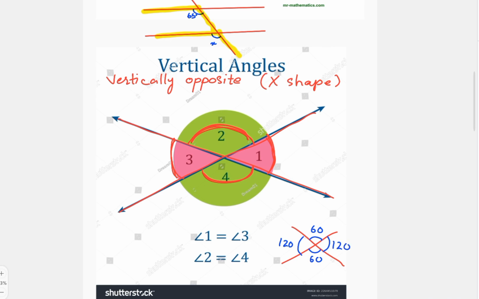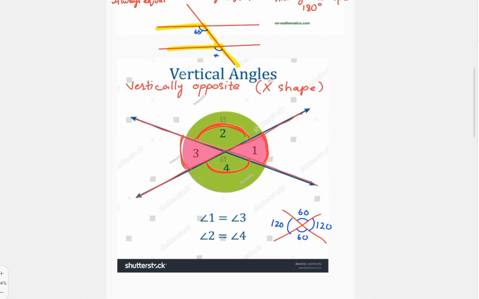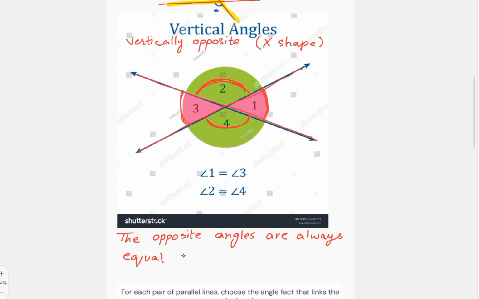Is that right? Because they are the vertically opposite angles. The top and bottom one, the left and right one. And the rule is the opposite angles are always equal. I'm going to write the rule right here. See, the opposite angles are always equal.